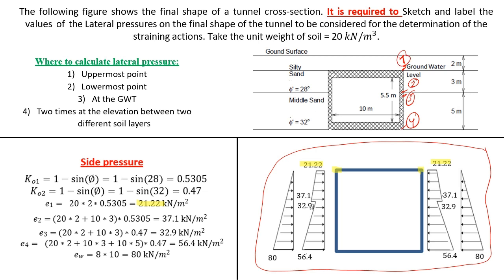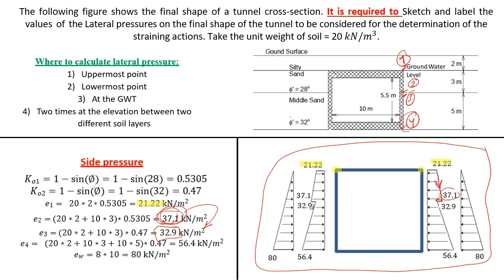So for point number 2, you have a lateral earth pressure of 37.1. So you are increasing linearly from 21.22 to 37.1, a linear increase. Then at the same elevation, there will be a drop from 37.1 to 32.9.